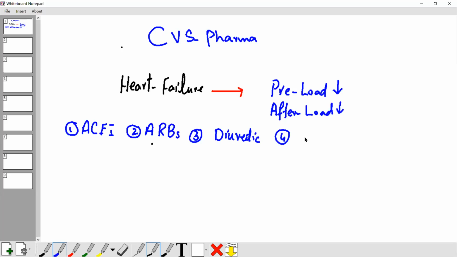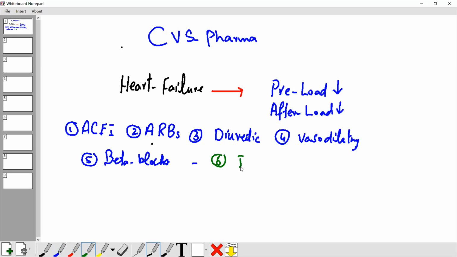Number 4, vasodilators. Number 5, beta blockers. At last, number 6, inotropics.